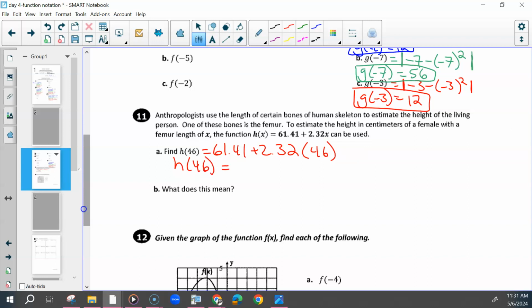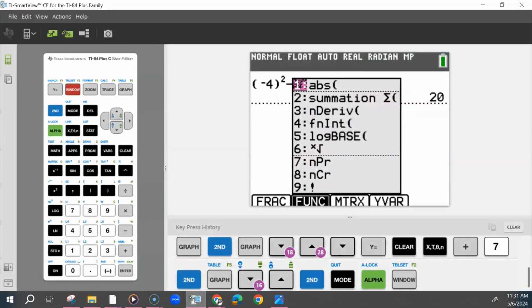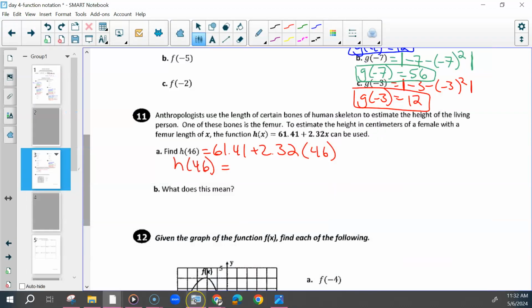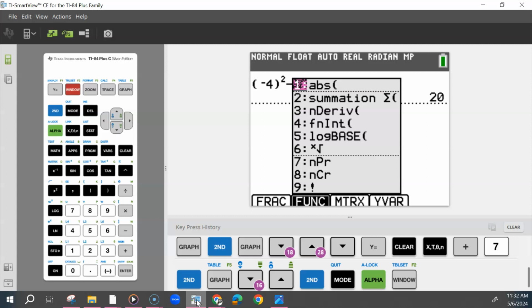What would that be when x is 46? If you're scrolling in the table, you could use table set. 174.13. I got 168.13.